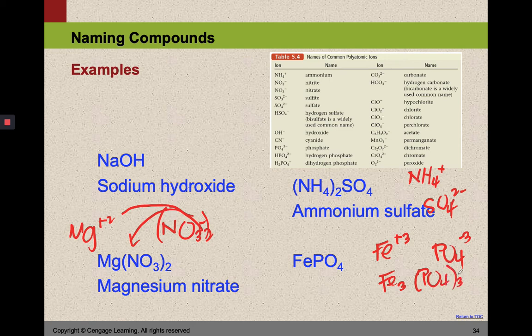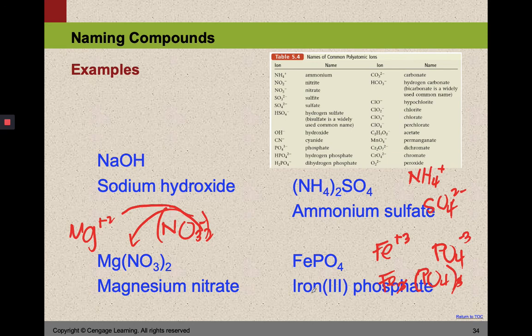But we know that this is ionic bonding, so we get to cancel or reduce it to lowest terms. So we end up with FePO4. And the name for that compound is iron 3 phosphate.